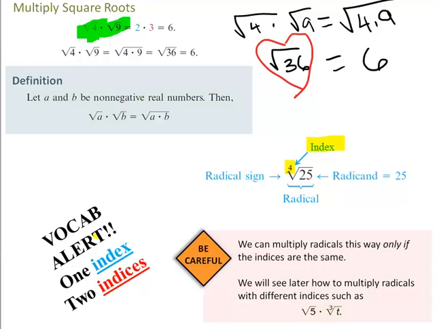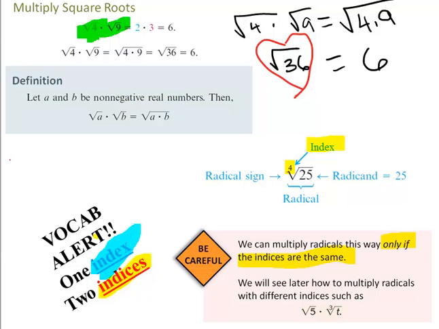Here's a little vocabulary alert. The singular form is index, you know, but you might not know that if you have more than one index, they're called indices. And you can only do the multiplication routine if and only if the indices are the same.